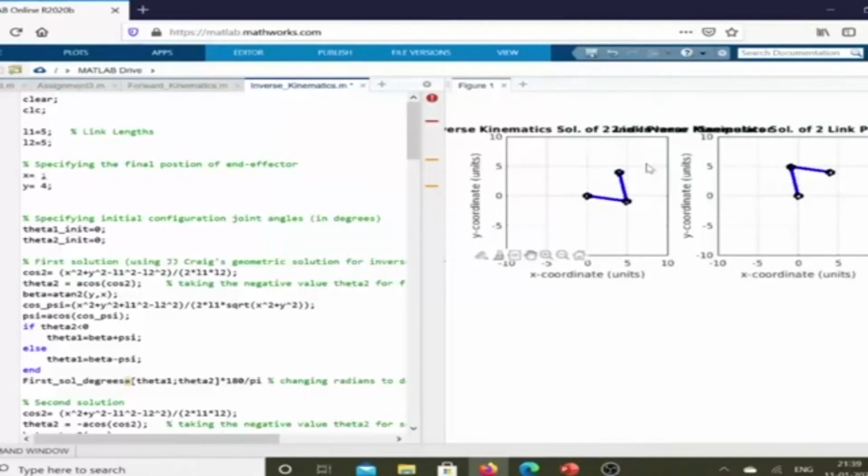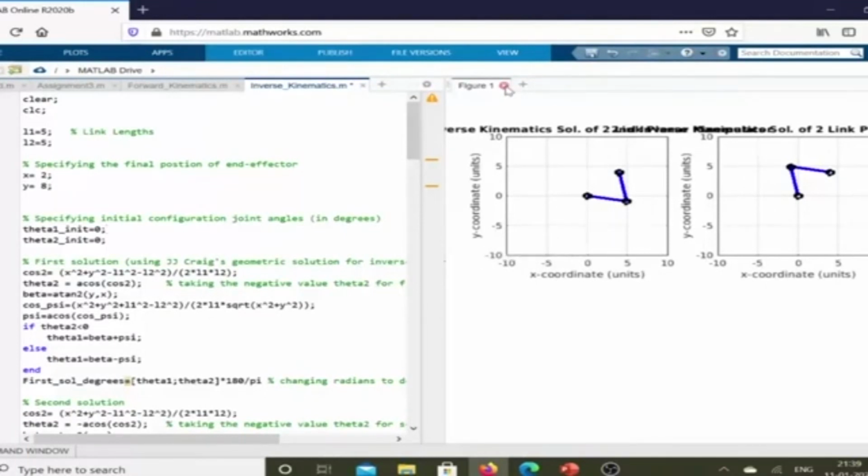Let's see, 5 and 5 is 10, so we can make it 9 and 9. Or a little bit higher, let's take it. So let me make the x coordinate 2 and that one 8, just for fun. 2 and 8. Okay, so now let me see what it does.